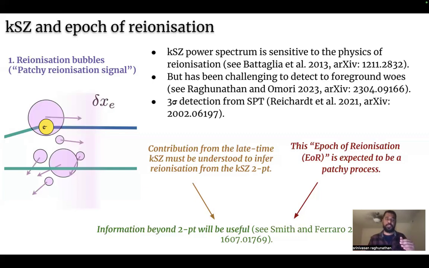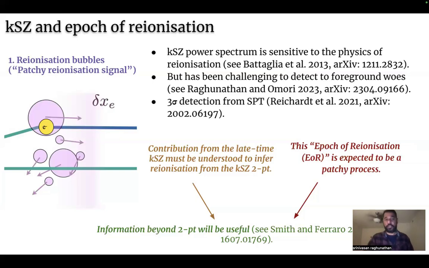The high redshift piece is expected to be extremely non-Gaussian. The low redshift piece, even though it starts out Gaussian, becomes very Gaussian due to the line of sight integration and the central limit theorem. So when we look at the power spectrum, even though they look very similar, when we look at the tri-spectrum, they actually look pretty different. So if we actually detect the KSZ tri-spectrum, then we can say a lot about reionization.